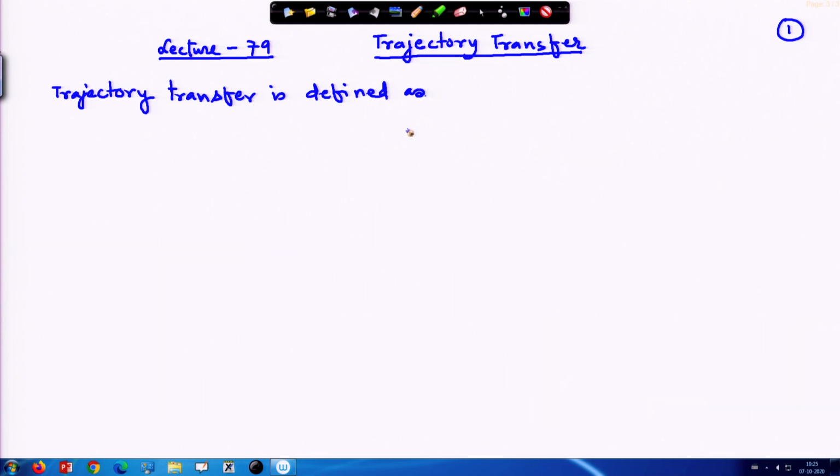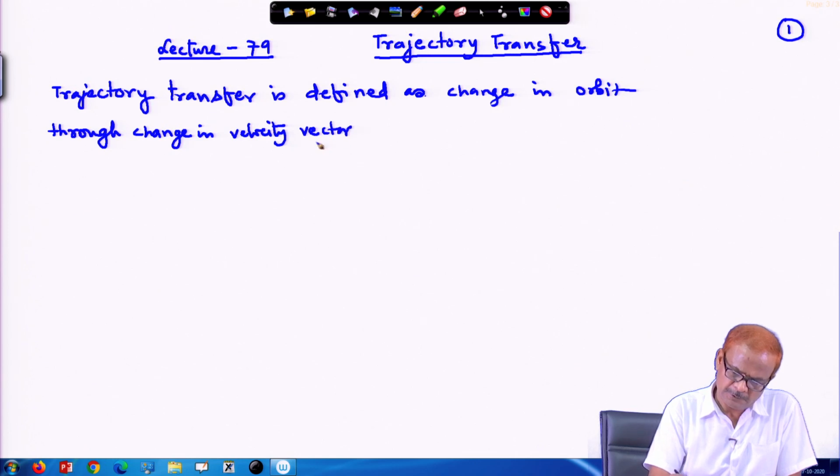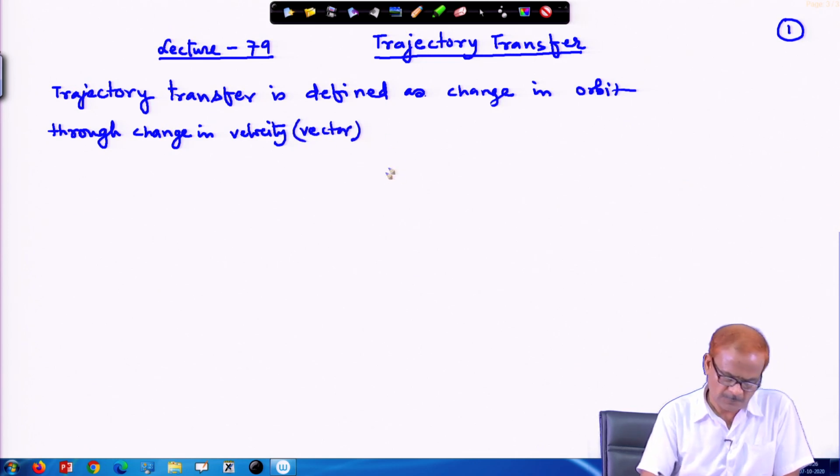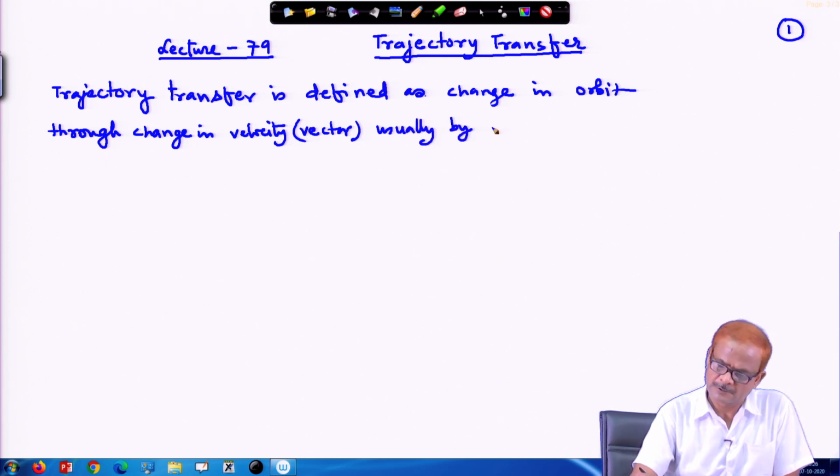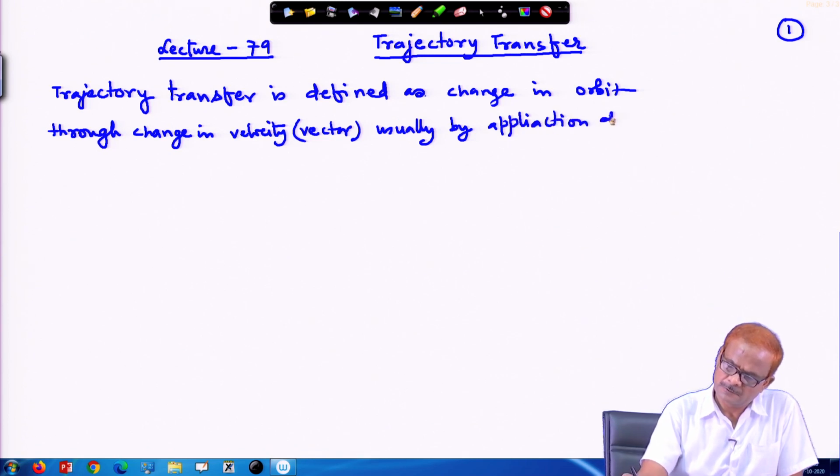Trajectory transfer is defined as a change in orbit through a change in velocity, usually by the application of an impulse.